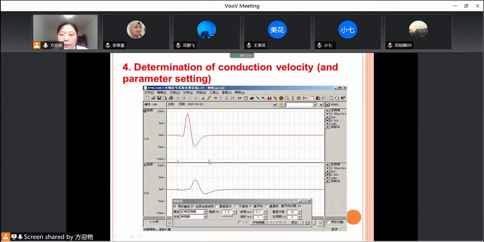Then the channel 2 action potential can be recorded. Understand here?